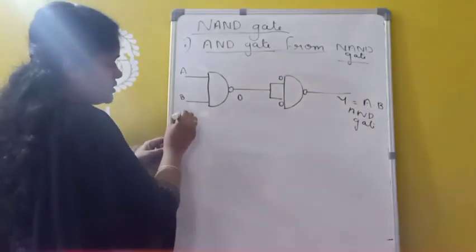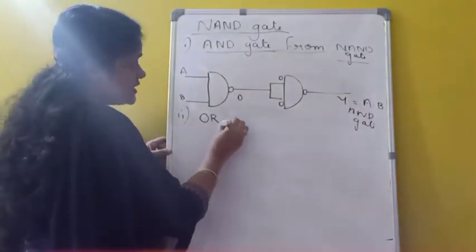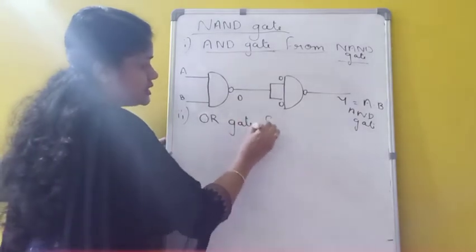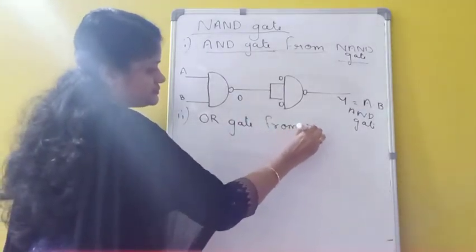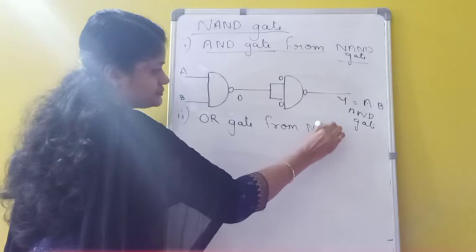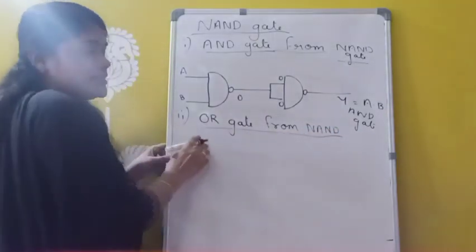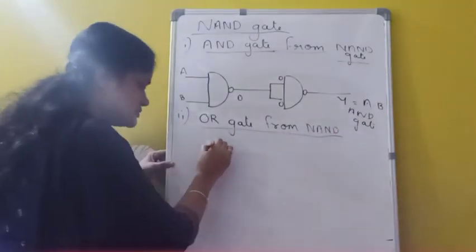OR gate. How will you derive the OR gate from NAND? Here we need 3 NAND gates.